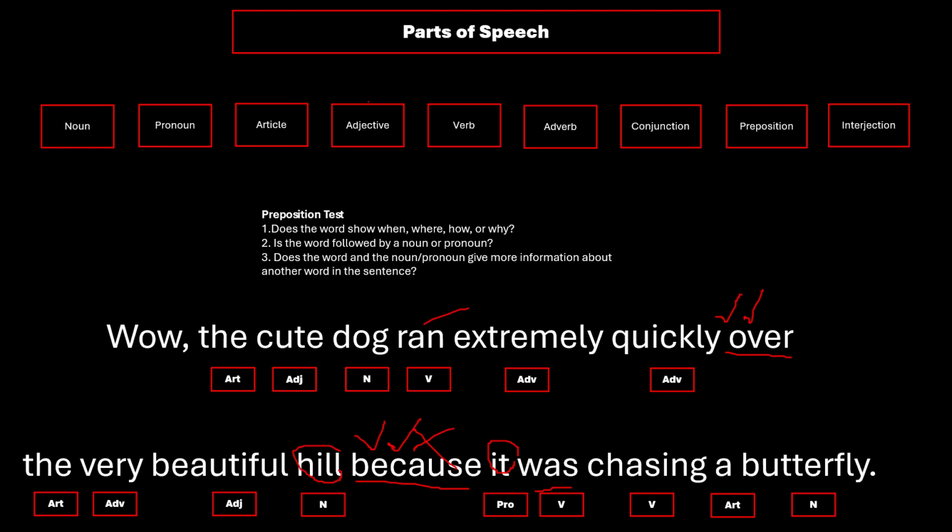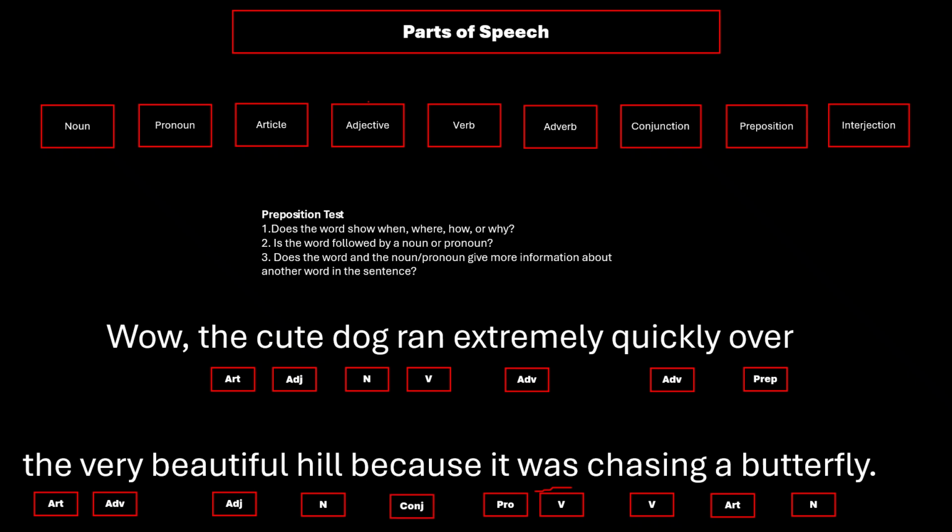We connect it with the word ran over the hill. Does it make sense? Yes. Where did he run? Over the hill. So that's a preposition. And over the hill serves as the prepositional phrase indicating the direction of the running. Hence, our preposition is over in this sentence.